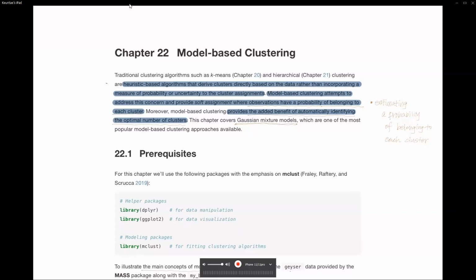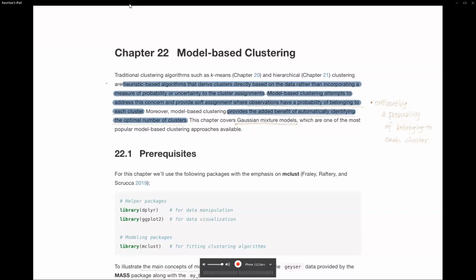But model-based learning is more of a statistical approach, focusing on statistically optimizing the result based on a set of statistical methods.